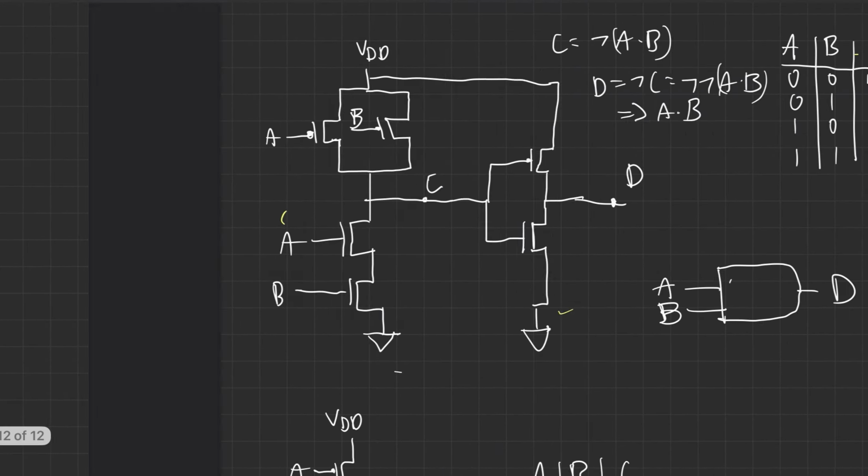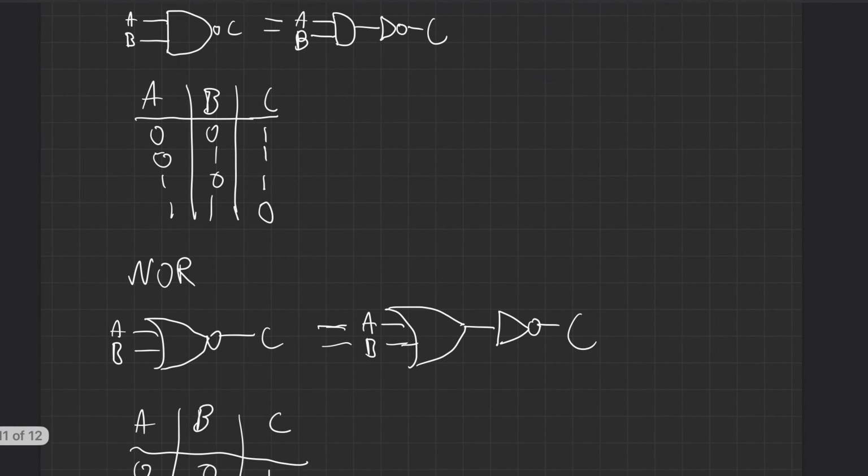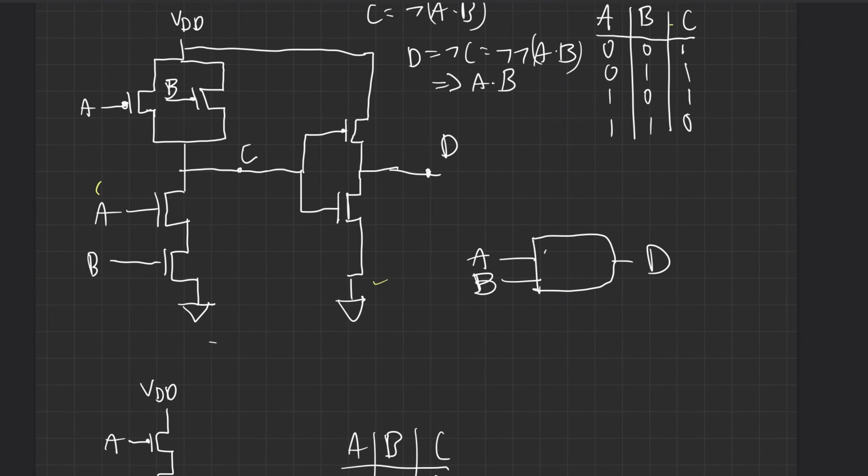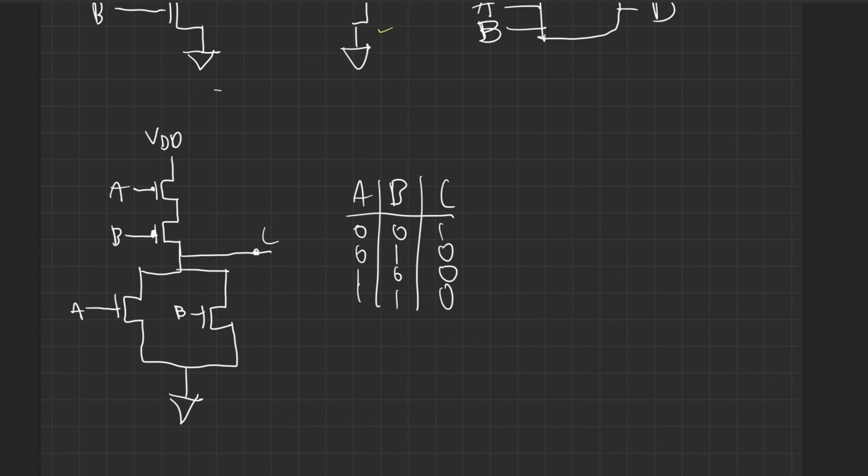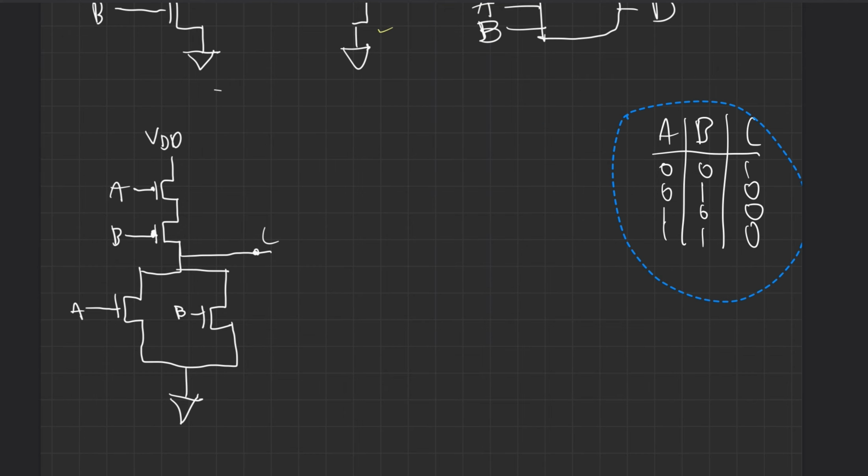And just to be cheeky, would you look at that? We happen to make a NOR. We made a NOR gate. Okay. How do we make an OR gate? We're going to use an inverter once again. So I'm speed running this, and there are some shortcuts you can use, and I'm just showing you all this to be illustrative.